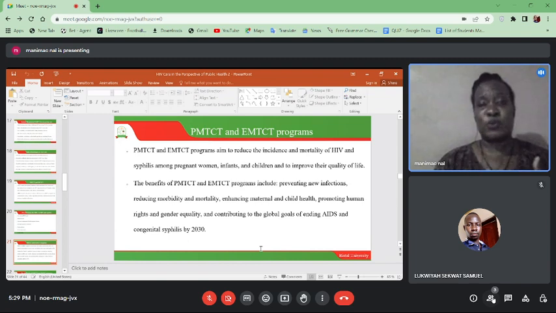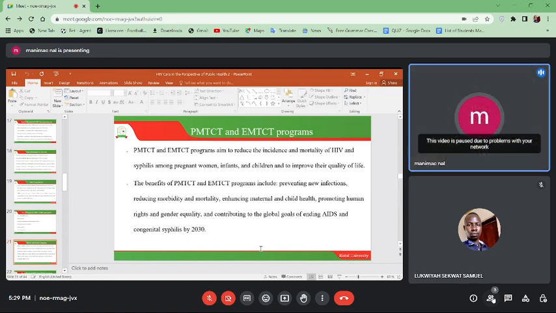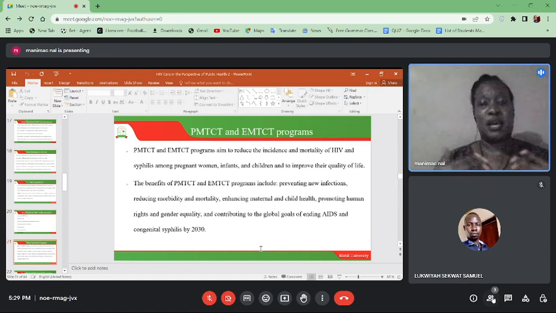So such programs advocate for their rights as well as their equality in terms of accessing services and so many other things that they want to access in healthcare centers. It also contributes to the global goal of ending AIDS as well as congenital syphilis by the year 2023.